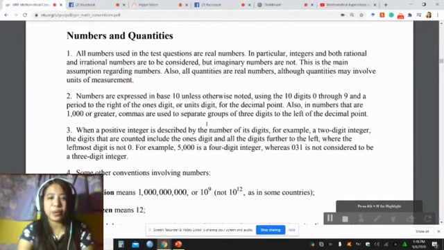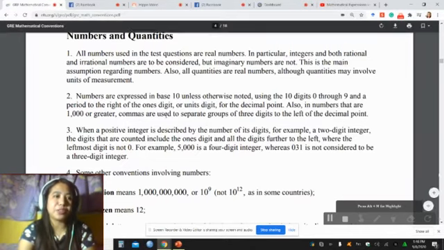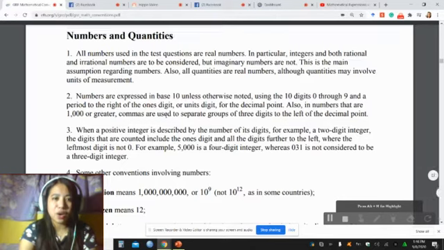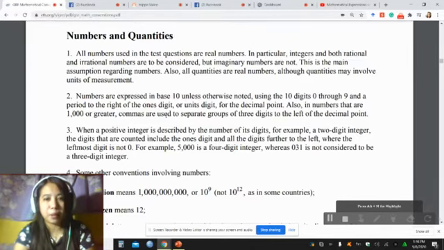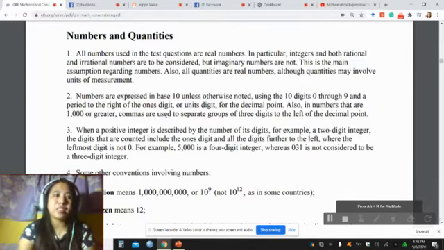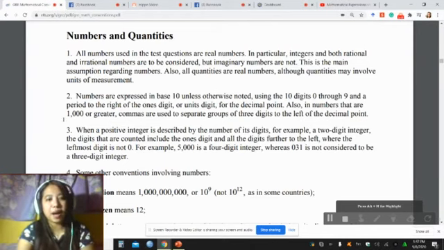So this is now the convention: using the 10 digits 0 through 9 and a period to the right of the ones digit for a decimal point. Also, in numbers that are 1,000 or greater, commas are used to separate groups of 3 digits to the left of the decimal point. So we use a comma after every 3 digits.